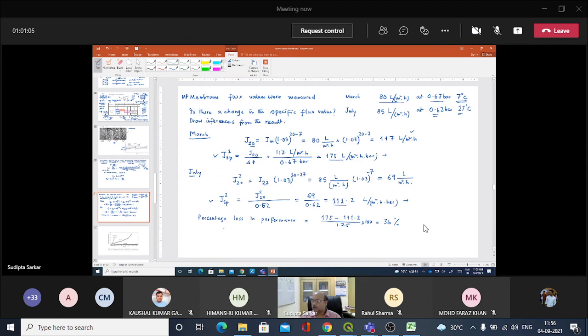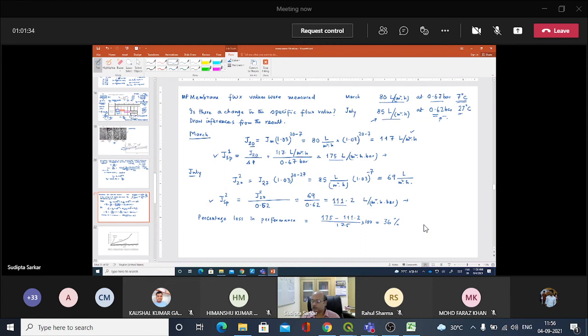So that means we have a loss. Although my plant is giving 85 liters at higher flux at a lower pressure, normally we would have thought that if it is so, then my membrane performance is better.